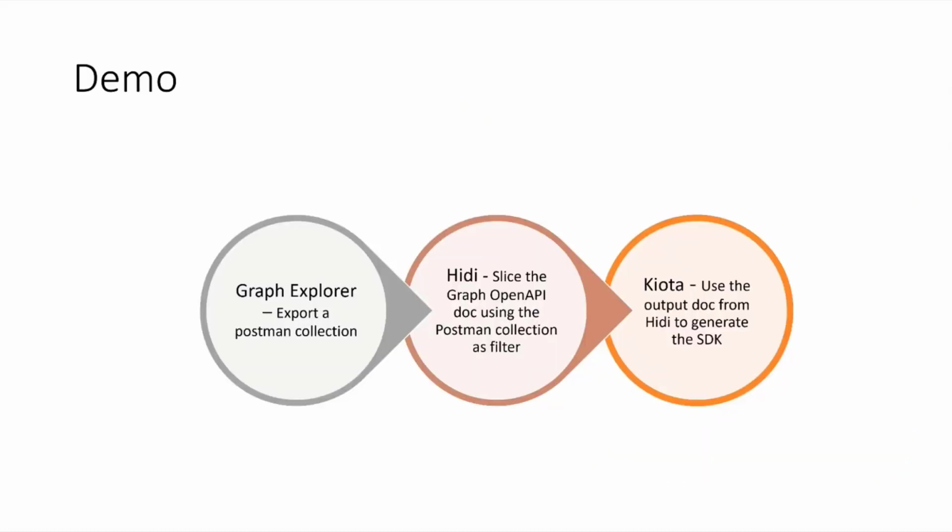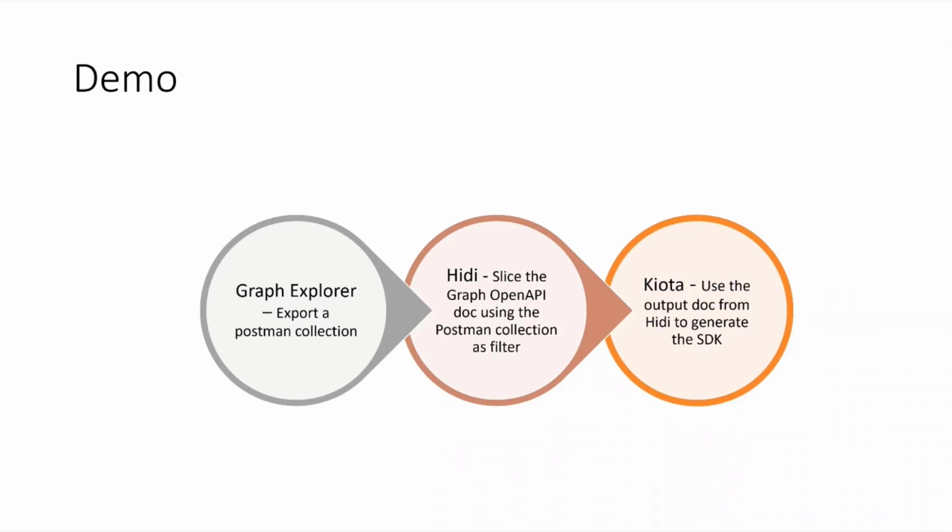And to prove to you that it's all really real and it all works, I'm gonna do a demo. The end goal of the demo is to generate a .NET SDK based on Kiota. For that, I'm gonna need to do a few steps and go through our tooling. The first stop is going to be Graph Explorer.